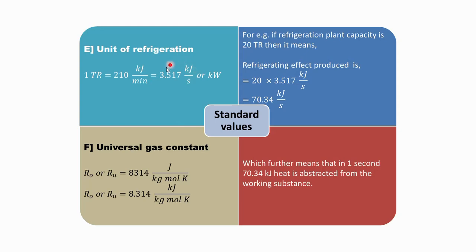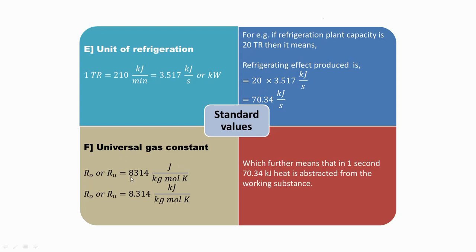For example, if the refrigeration plant capacity is 20 TR, then multiply this 20 by 3.517, so that the value is 70.34 kilojoule per second. Practically, it means that in 1 second, the heat abstracted is 70.34 kilojoule.